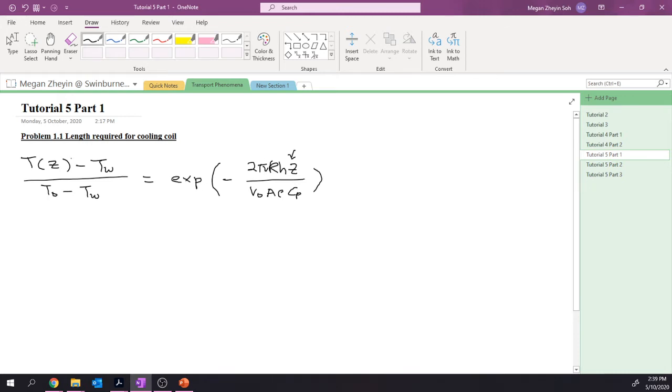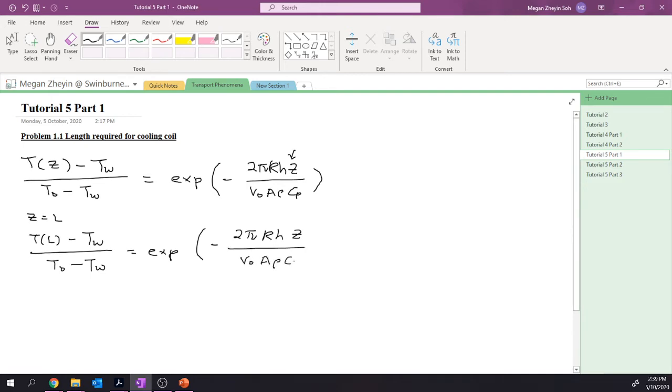So in this case, since we want to calculate for length, z equals L. So we change this to (TL minus Tw) over (T0 minus Tw) equals the exponent of negative 2 pi R h L over V0 A rho Cp.